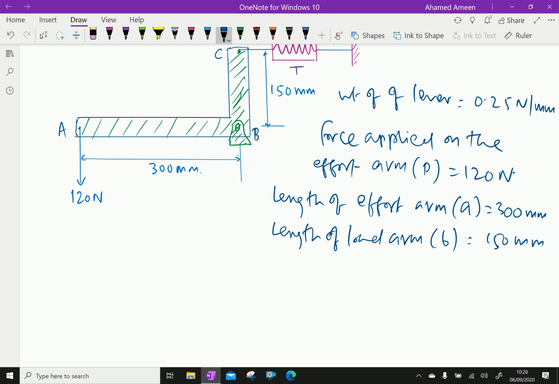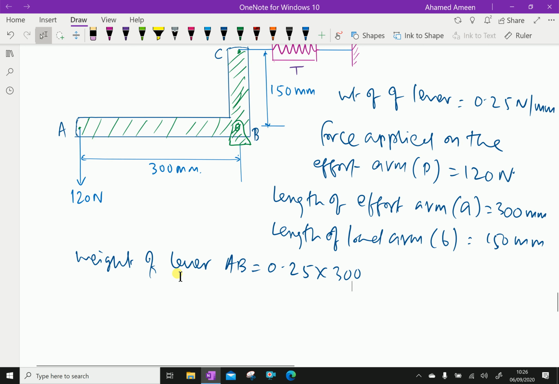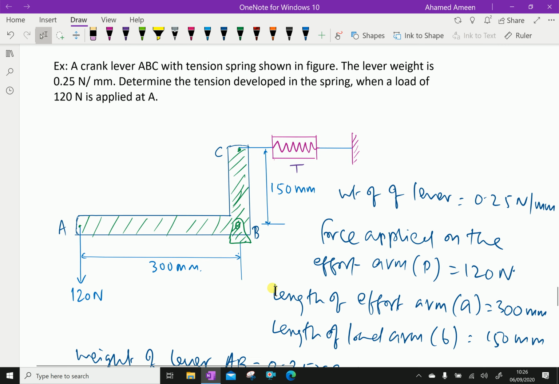Weight of lever AB: from A to B the length is 300 mm, and each mm length is 0.25 Newton.